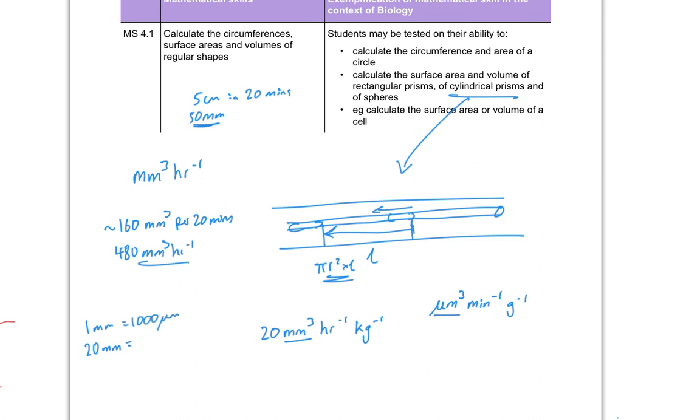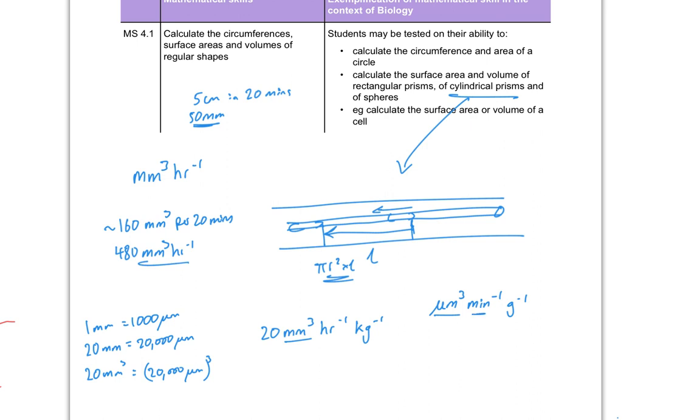So 20 millimeters is going to be 20,000 micrometers. So 20 millimeters cubed equals 20,000 micrometers cubed. Again, it's going to give you a massive number. So that's a hard one.